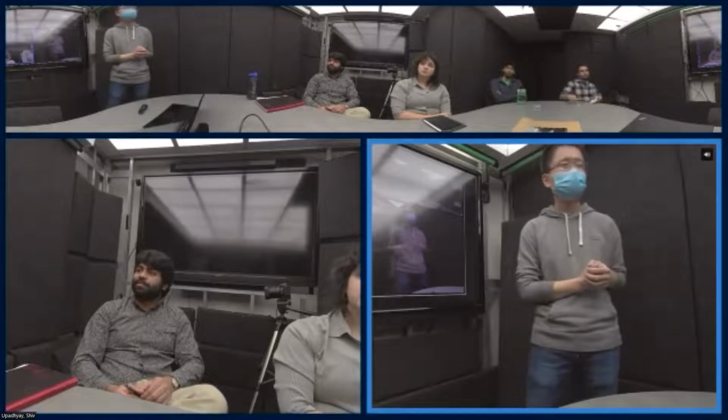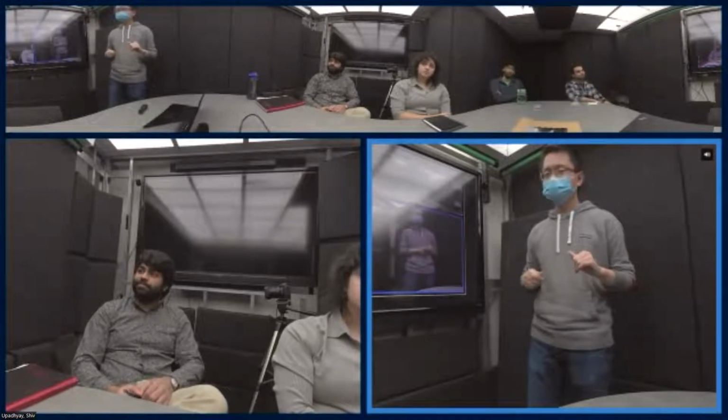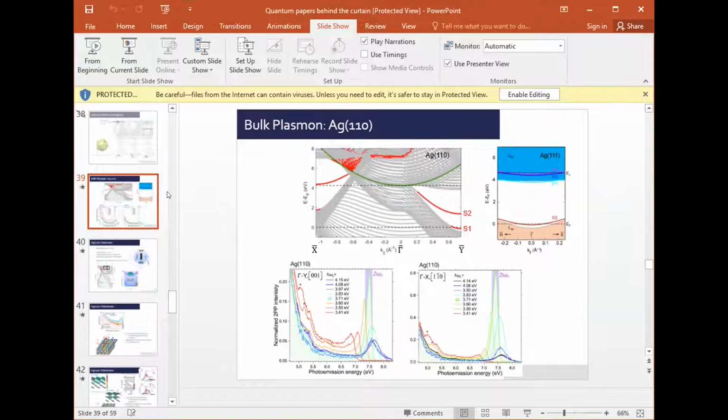Sure, because DFT mostly is calculating the single particle band structure. So, for example, this state is actually a single particle band, but it's only that this is plasmonically excited. From the calculation, we have this band, but we don't know whether it can be excited by a specific region in the lower occupied part of the band structure.